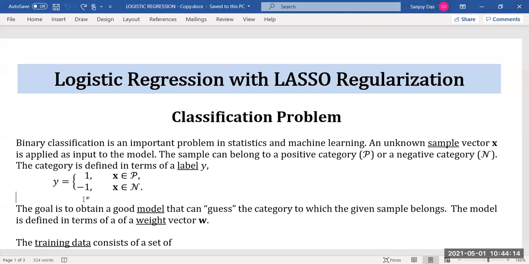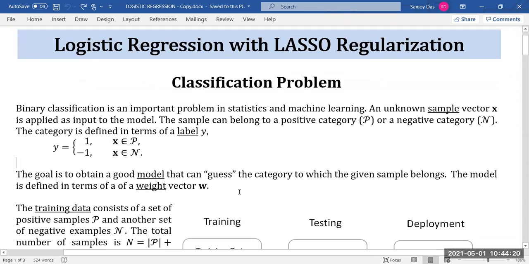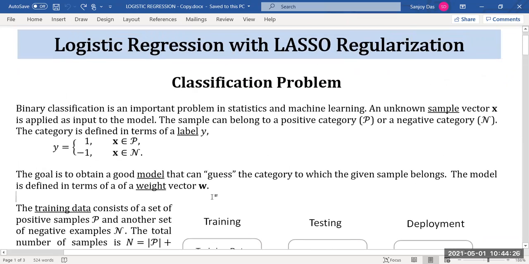So that's a simple classification problem. Now we want to develop a machine learning model to do a very reliable and accurate classification.